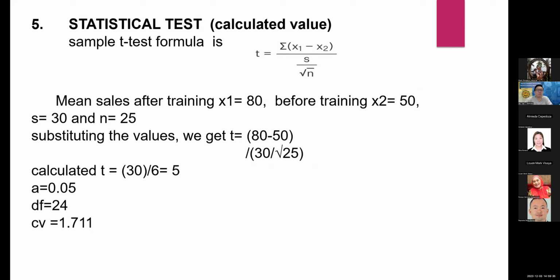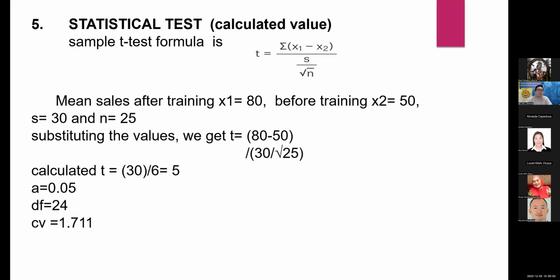For the statistical test, the sample t-test formula is this one. t equals the difference between the mean sales after training and the mean sales before training, divided by the standard deviation, which is also divided by the square root of 25.